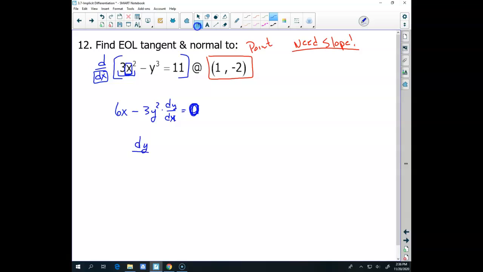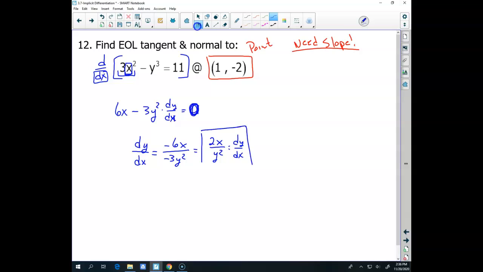So dy dx equals negative 6x divided by negative 3y squared, which reduces to 2x over y squared. That is dy dx, right? Hopefully I did that correctly.